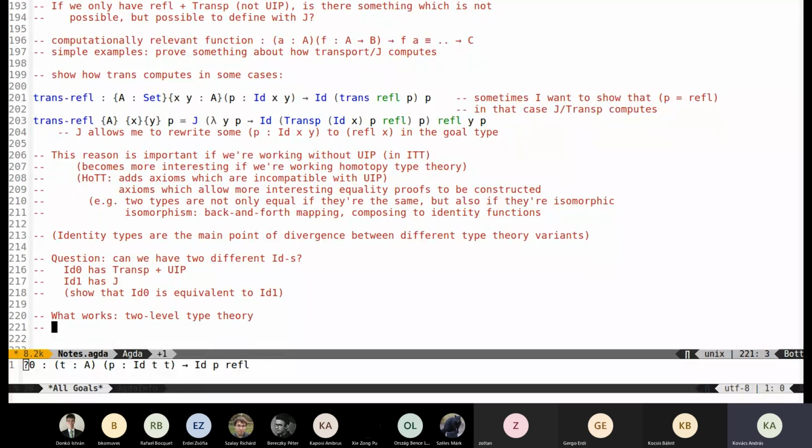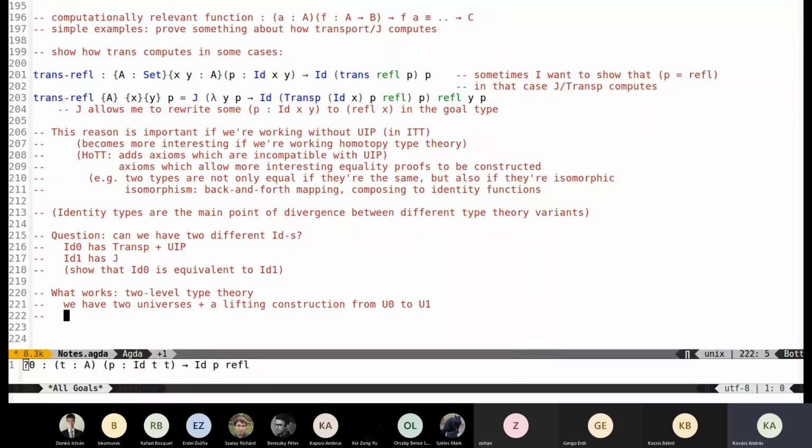Then we essentially have two universes plus kind of a lifting rule or lifting construction from U0 to U1, and then we are allowed to have an ID1 which is in U1 with UIP, and an ID0 in U0 without UIP, and then this works.